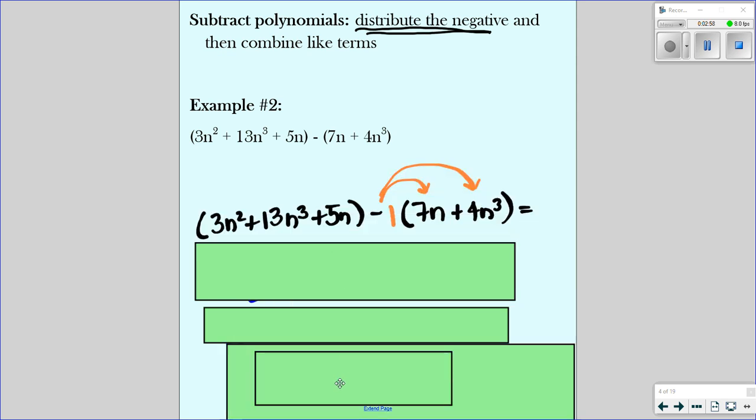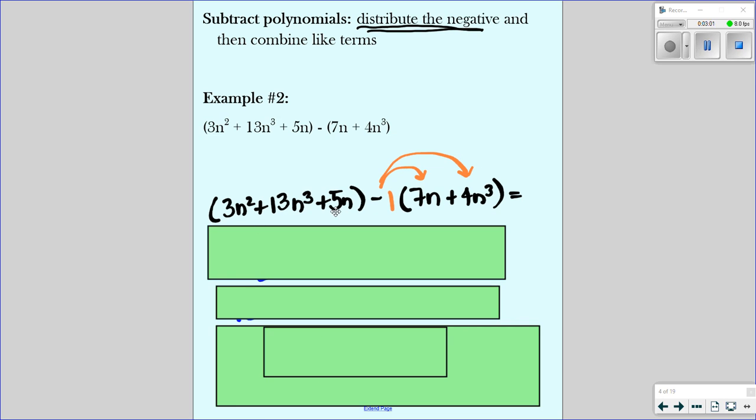And notice that invisible 1 in front of the second polynomial. I put it in orange, so that you know that there's an invisible 1, and that is negative 1, and then you distribute to each term inside the parentheses.